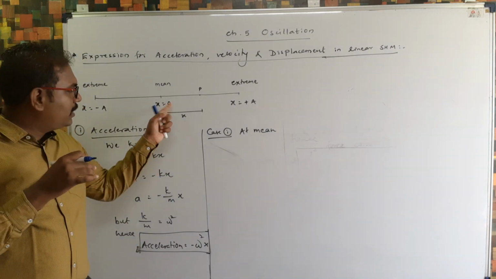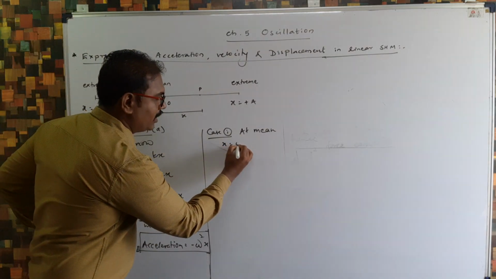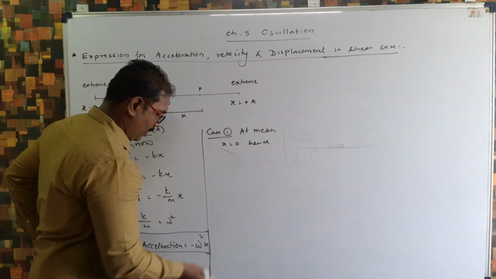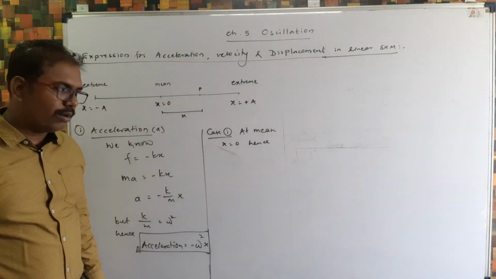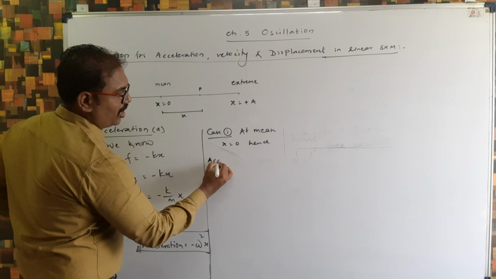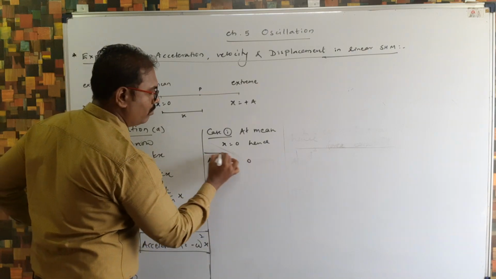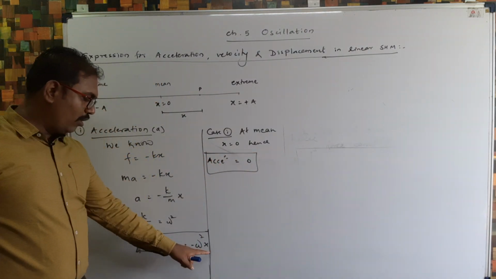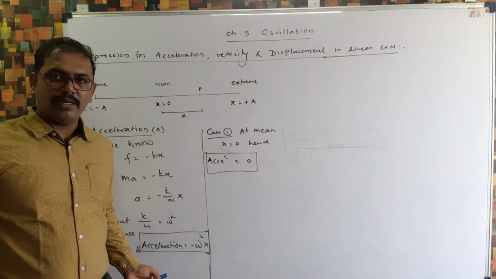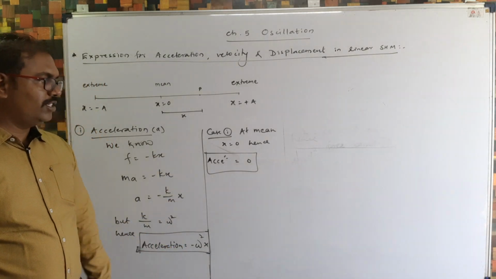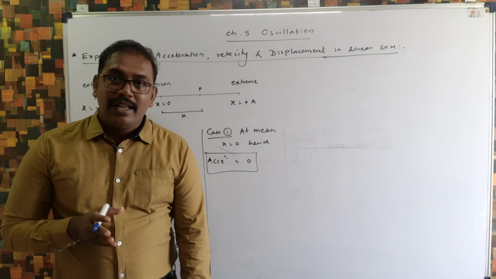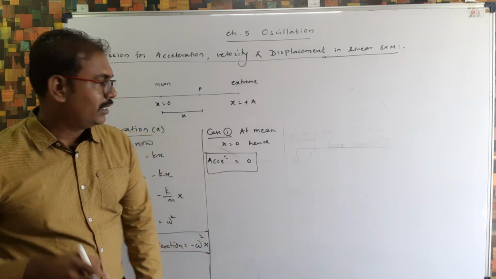At mean x is 0. Hence let us substitute x equal to 0 in this formula. So we get acceleration is equal to how much? x is 0, then 0 into minus omega square is 0. So acceleration is 0. Means at mean acceleration is minimum, that you can remember.